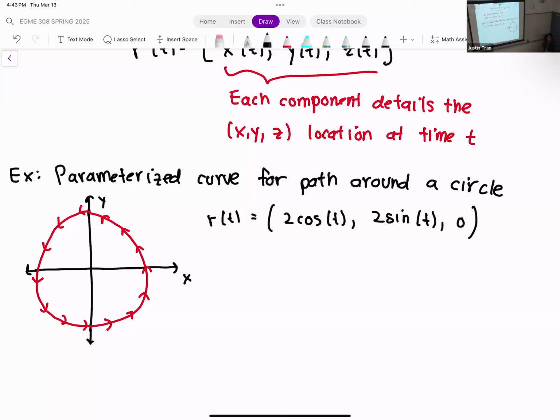It's a two-dimensional curve, but I'm going to put the z component there just for completeness, and we'll say the z component is 0. At any time t, this r of t function tells us our coordinates, where we are on that circle.